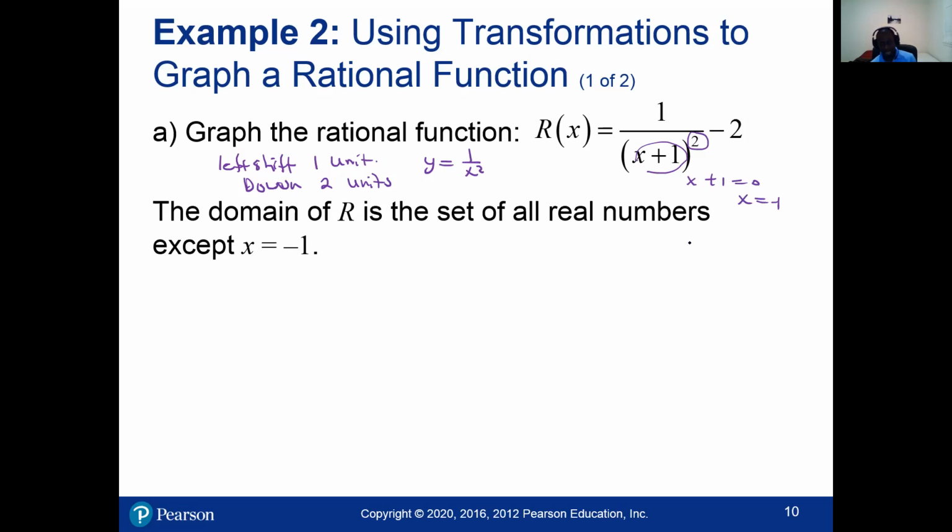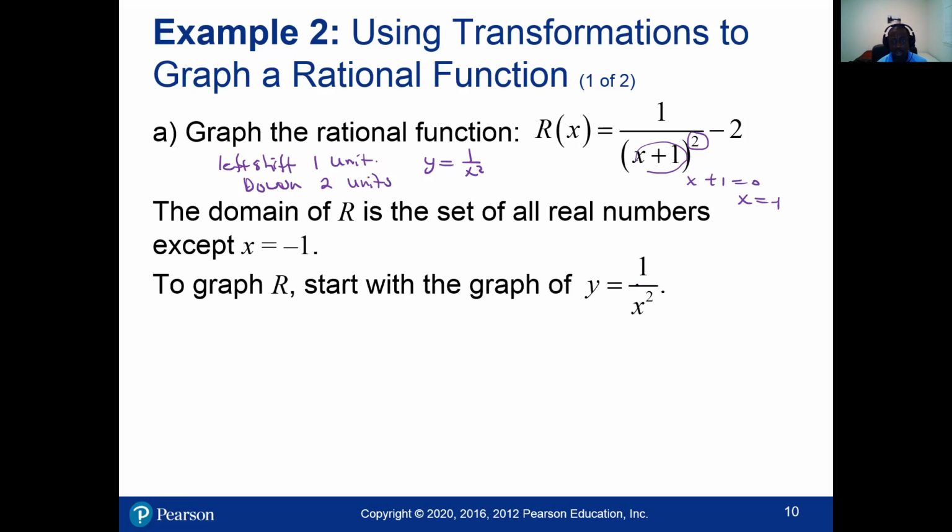It includes all real numbers except x equals -1. We're going to start with the graph of y equals 1 over x squared, because that's what it resembles. Then we're going to shift this to the left 1 unit, and then down 2 units.